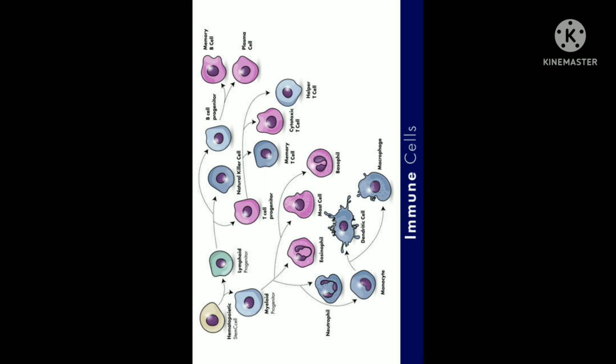So when they release the cytokine chemicals, the other cells alert themselves and run towards the direction of the foreign particles or the alerting direction. They run towards that direction so that they can prevent the other cells from entering our body, or damage or weaken the foreign cells.